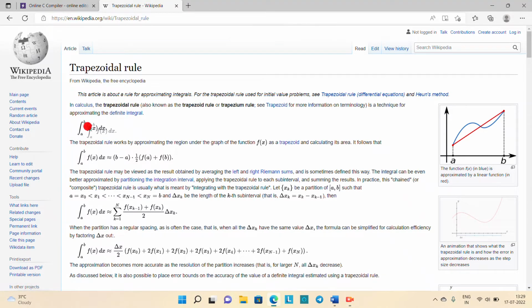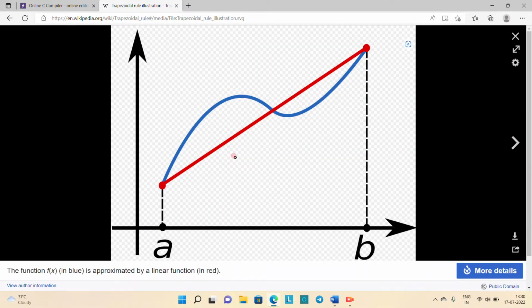We have this function f of x, and we have to integrate this function from the value a to b. This is what the graph looks like. This is the x and y axis, this is the curve in the blue line, the curve is f of x, and these are the two limits a and b.